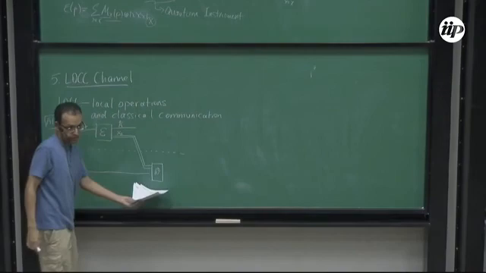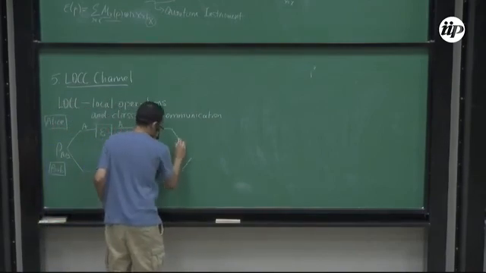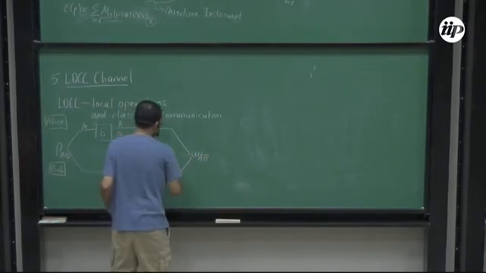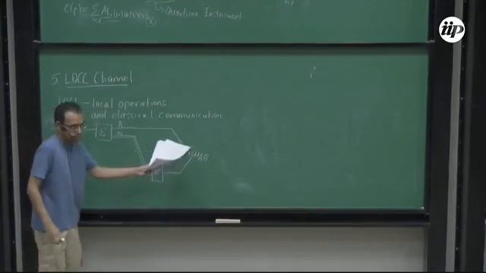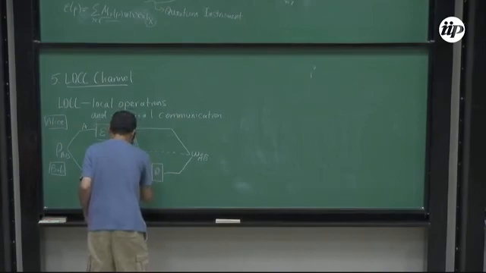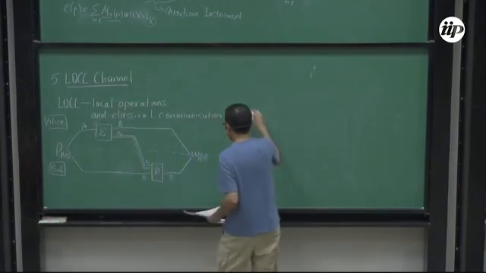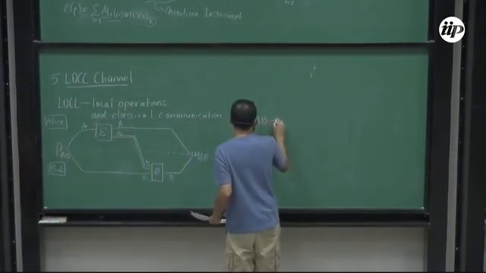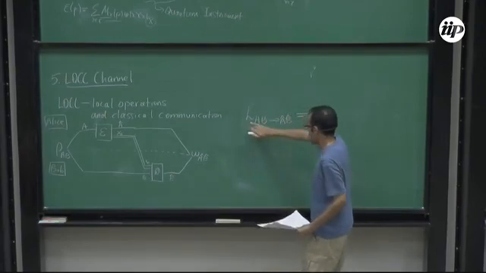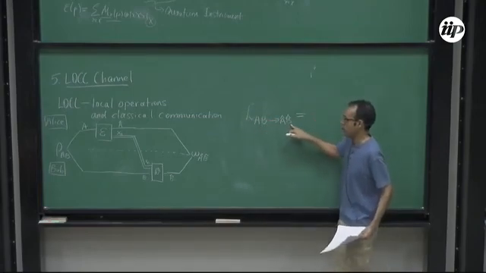who does some other local channel. And the final state is omega. So here we have X, B, and here is B, and this is B hat. So overall, this is our LOCC channel, so I just call it L. It goes from A, B initially to A hat and B hat.